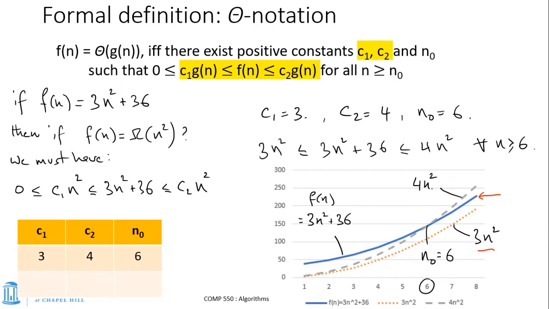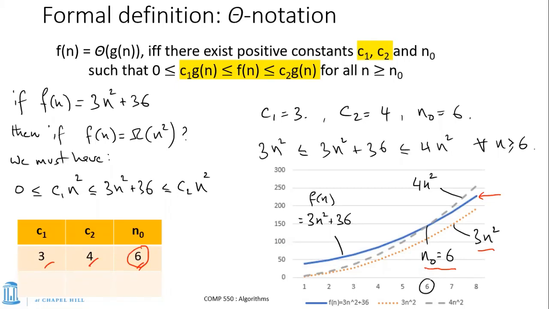And here you have the upper bound 4n squared, so this is 4, but n naught can't be 1 anymore, because we're not only trying to satisfy the lower bound condition, but we're also trying to satisfy the upper bound condition. And the upper bound condition requires that n naught has to be at a minimum 6. So n naught has to be 6 for us to be able to satisfy both the conditions.